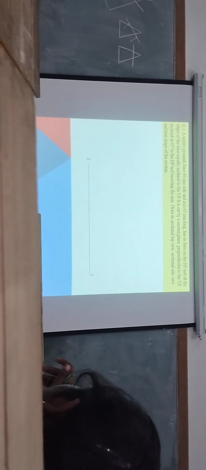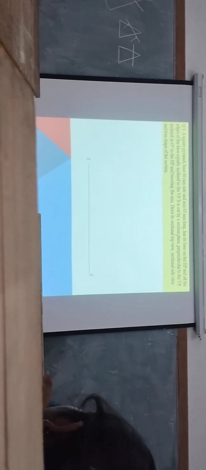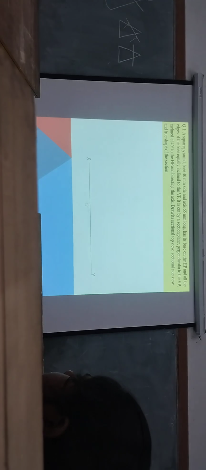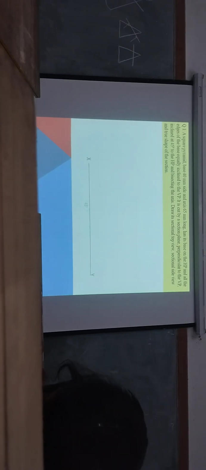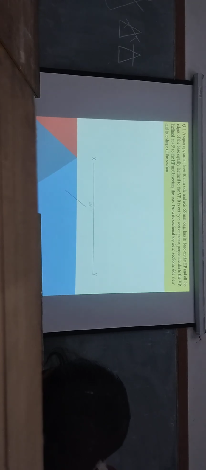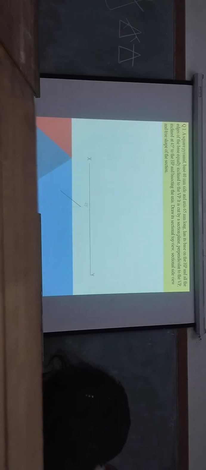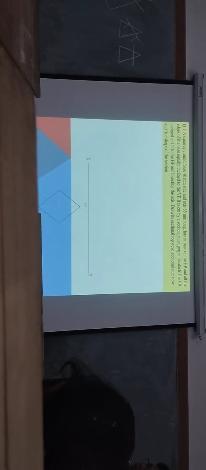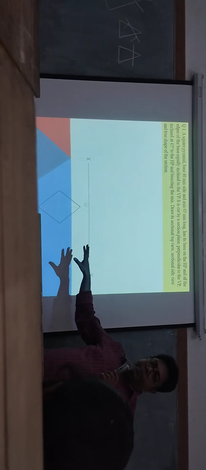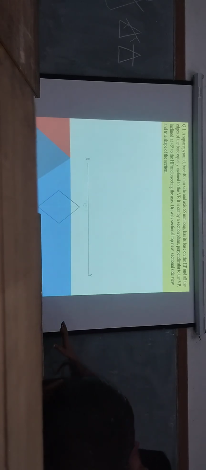First, we are drawing the XY reference line. On the base, from the XY taking a 45 degree angle, we are drawing the top view. Now please try to understand this part.